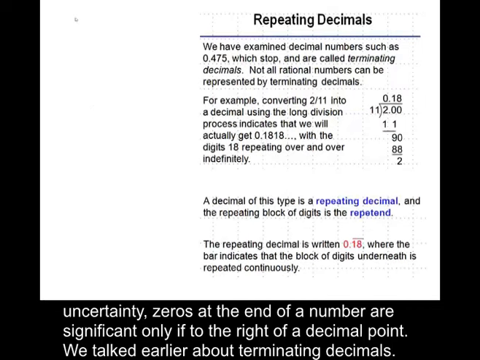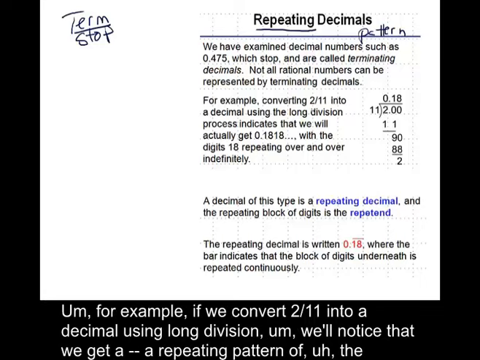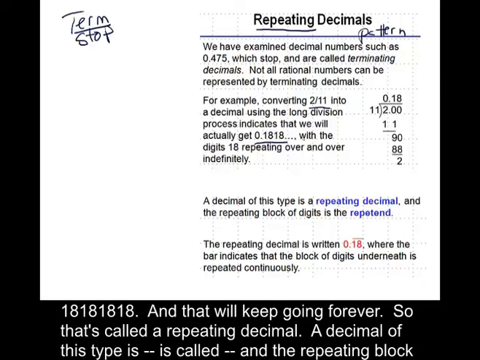We talked earlier about terminating decimals, decimals that stop. Now we're talking about repeating decimals, decimal numbers that form a pattern and repeat. For example, if we convert 2/11ths into a decimal using long division, we'll notice that we get a repeating pattern of 18, 18, 18, 18, and that will keep going forever.